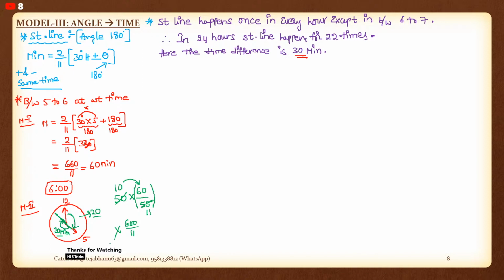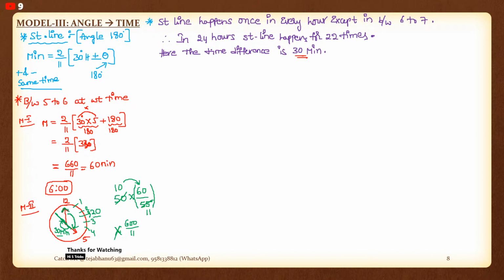Answer is wrong. Where did we make the mistake? Calculation part. Did we make a mistake anywhere? Where did we make the mistake? See, we made one mistake here. 1, 2, 3, 4, 5.